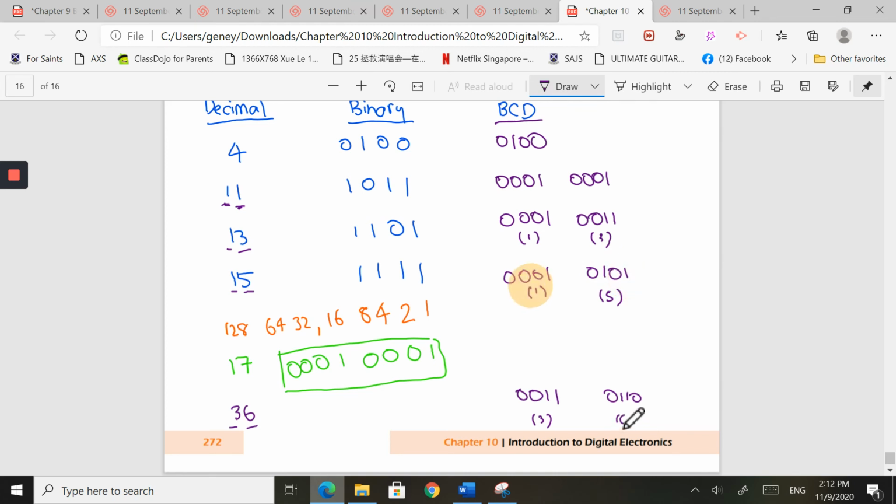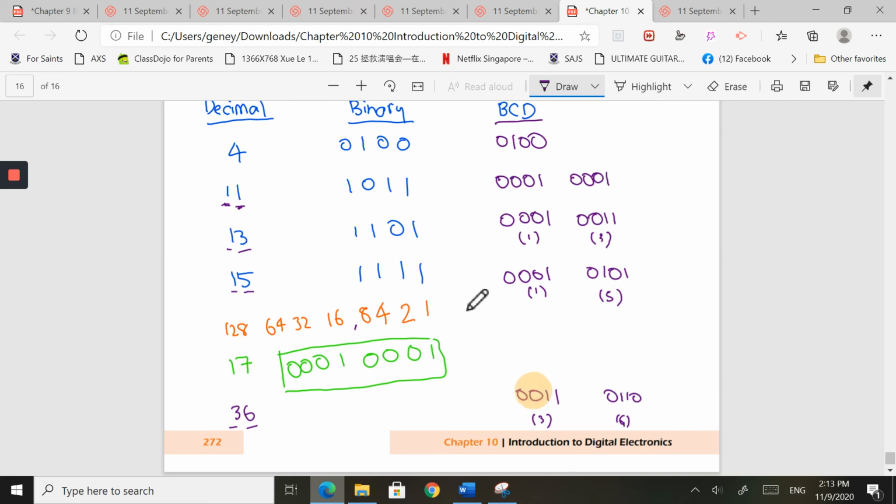This is my 6. Okay? So this is how you jump between decimal, binary, and BCD. You just have to know these numbers 8421. Sorry, I think I placed the comma at the wrong place. It should be 4-bit, 4-bit.